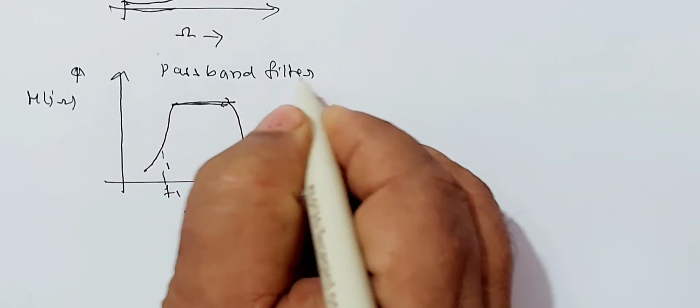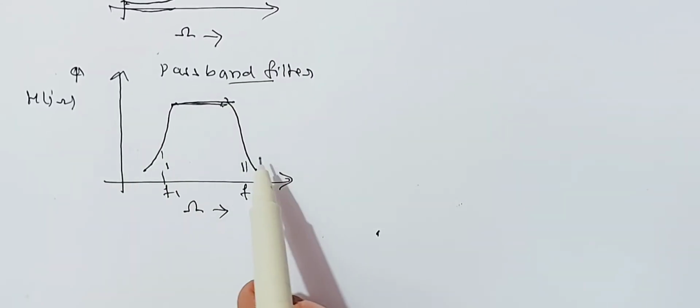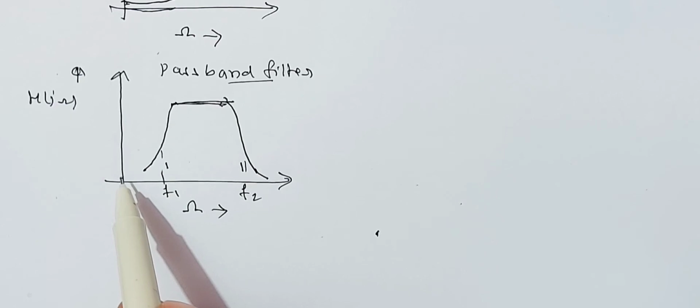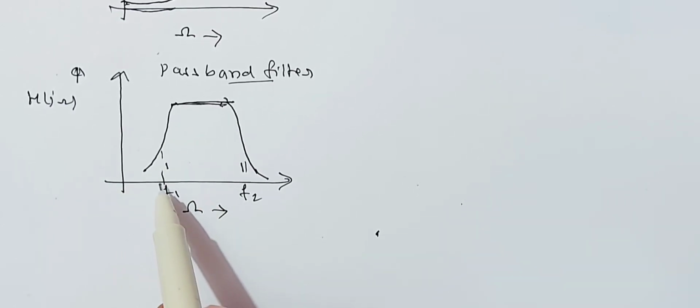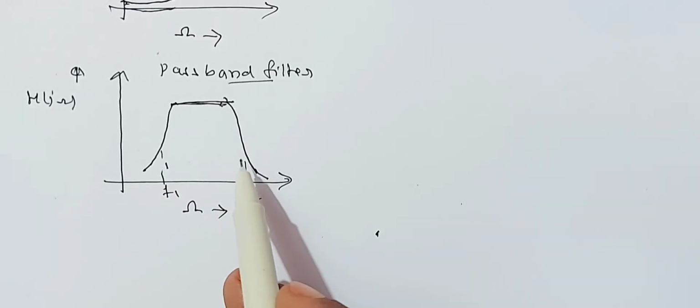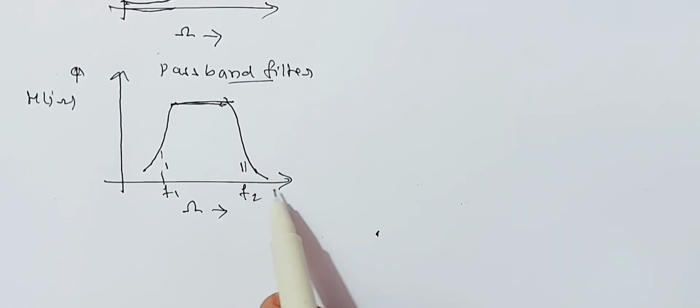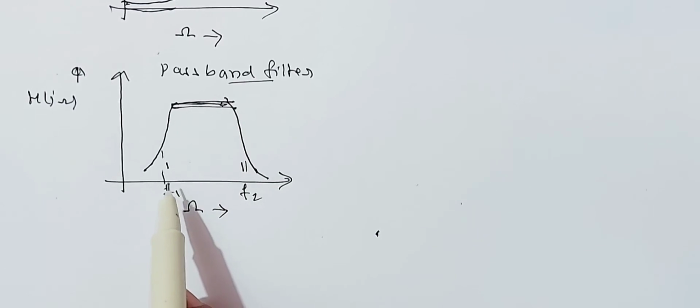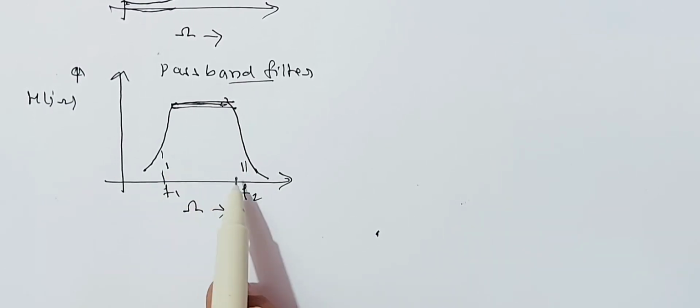Band pass filter. See, in this band pass filter, see the magnitude frequency response. There is no output voltage allowed up to certain low frequency. And again, there is no output voltage allowed after certain frequency. Output voltage is allowed only for a range of frequency from f1 to f2.